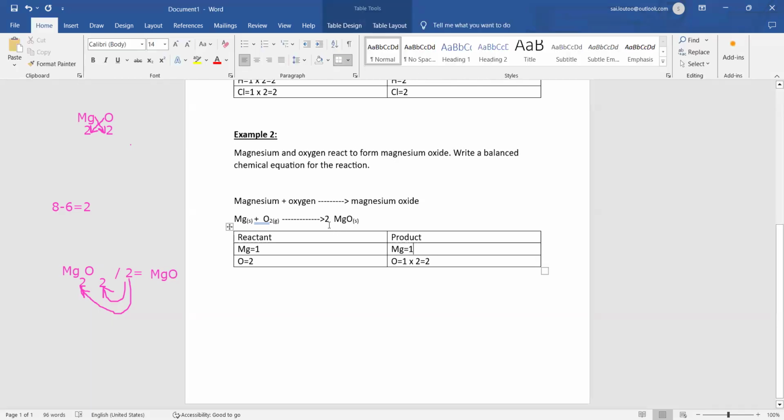That 2 applies to the Mg as well, so 1 multiplied by 2 Mg gives me 2. And now everything is balanced. 2 magnesiums, 2 magnesiums, 2 oxygens, 2 oxygens. And my equation there is balanced. Questions, anybody?